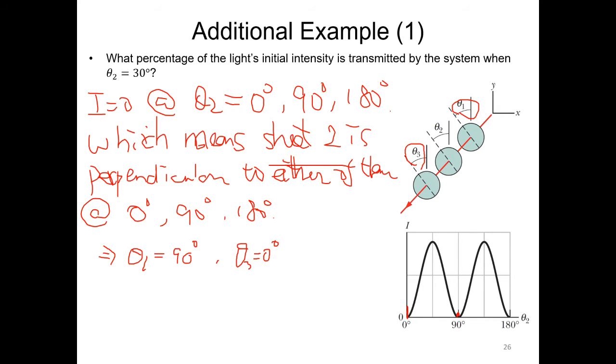Or maybe you can pick theta 1 to be 0 degrees and theta 3 to be 90 degrees. The answers will be the same. So without loss of generality, we may pick either one of them.